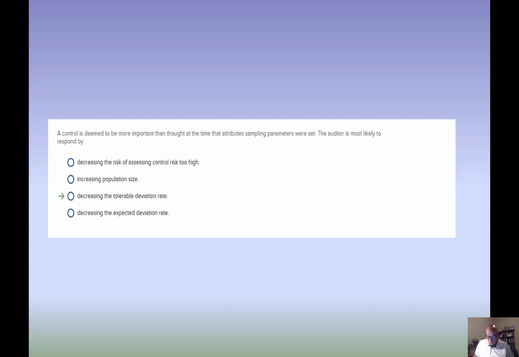Okay, a control is deemed to be more important than thought at the time that the attribute sampling parameters were set. The auditor is most likely to respond by decreasing the tolerable deviation rate, right? If we think a control is very important here, then we'll decrease that tolerable deviation rate. We'll have a larger sample size for our control testing because we're saying, hey, this is a pretty important control that we're looking at.